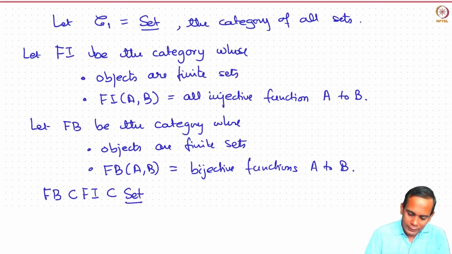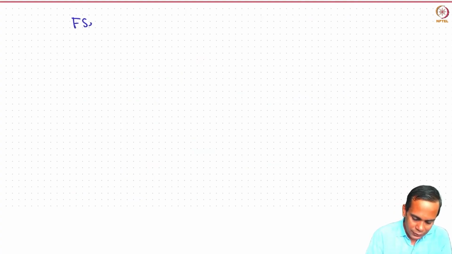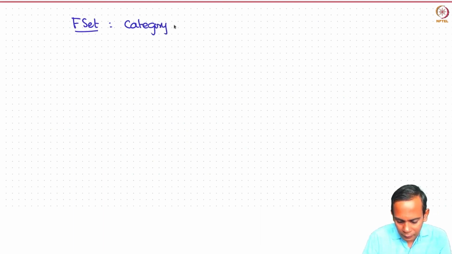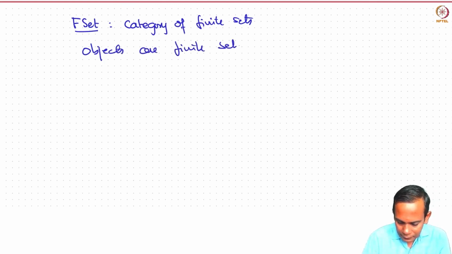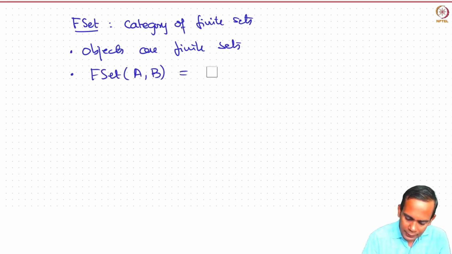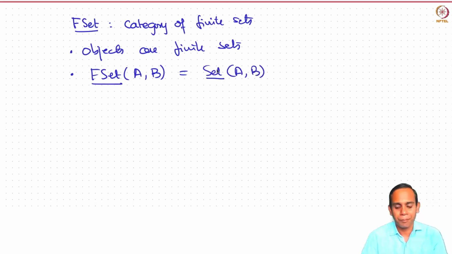And now let me give you one last thing which I can put in between here, and I will define a category of finite sets. So Fset is the category of finite sets. Objects are finite sets, and if you have two finite sets, the arrows from A to B are the same as the arrows from A to B in the category of sets.